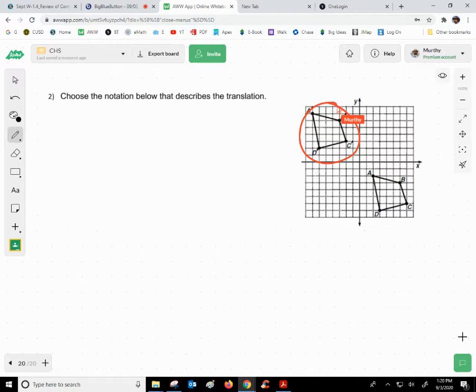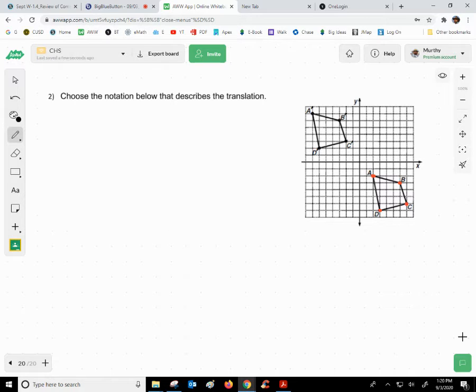This is the pre-image. Pre-image means the original object, and the right side is the image. But if you observe carefully, here is point A and point B. These are all uppercase letters with no prime symbol like A prime or B prime.